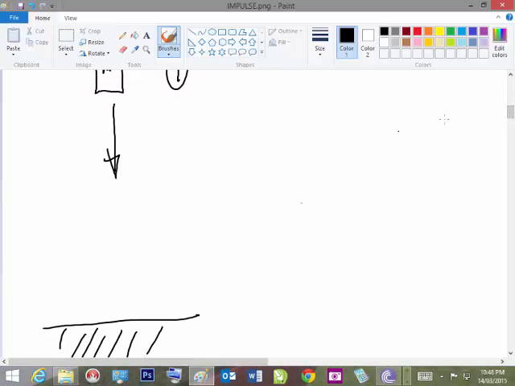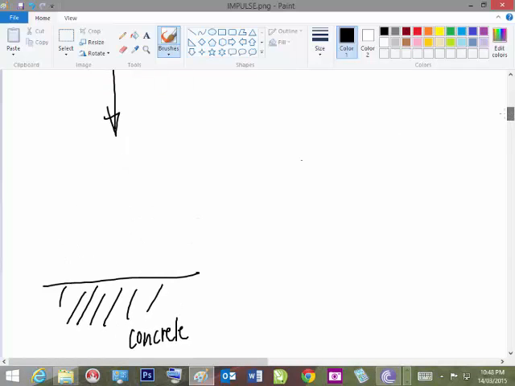Just before it hits the ground, the mass will be moving at a certain velocity, quite fast. So the initial velocity is quite large.